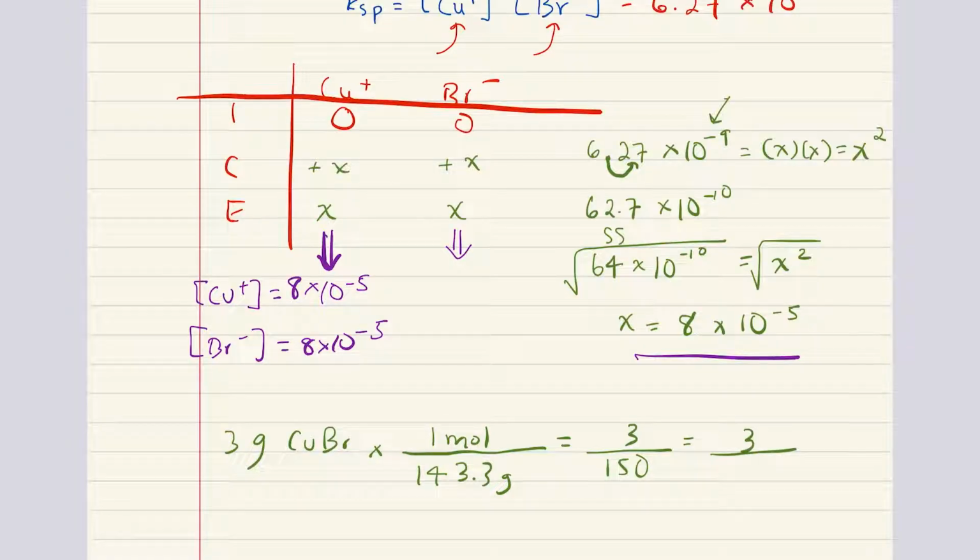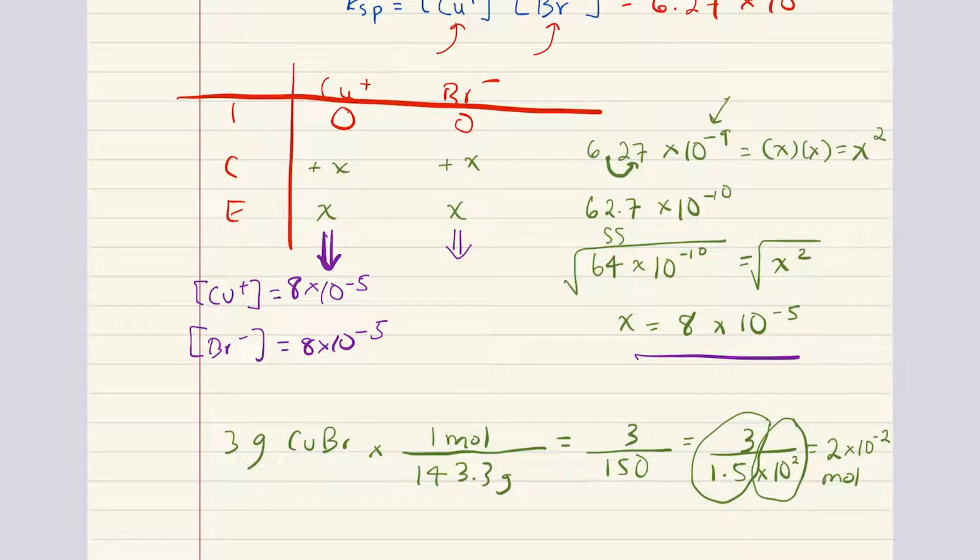Let's write 150 as 1.5 times 10 to the power 2. Then what we can do is do this division first. 3 over 1.5 is 2. And then this is essentially 1 over 10 to the power 2, which is equal to 10 to the minus 2. So the number of moles of copper 1 bromide is 2 times 10 to the minus 2.